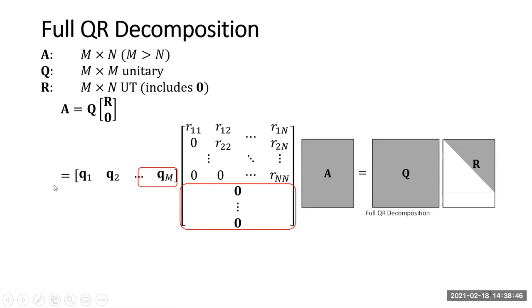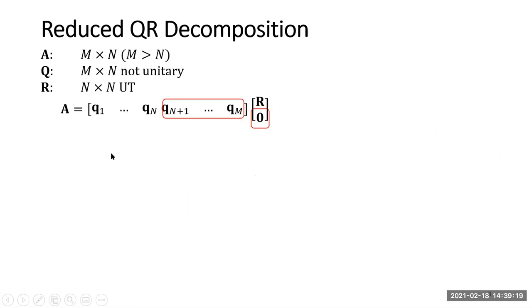In fact, we're going to multiply a whole bunch of these Qs, columns of this unitary matrix Q, with zeros. So they are kind of redundant. These columns of Q are all going to get multiplied with zeros when we do this matrix multiplication.